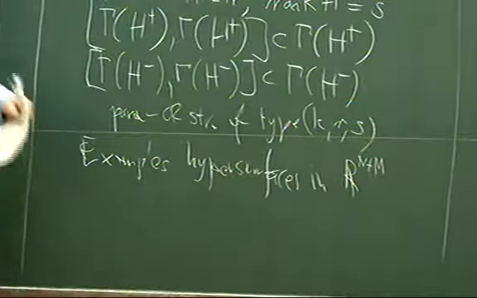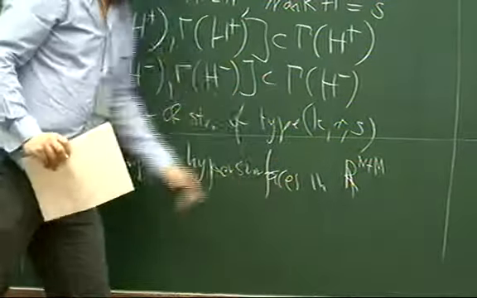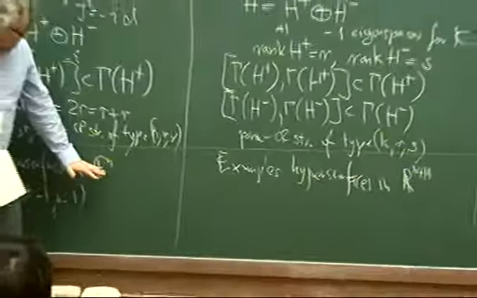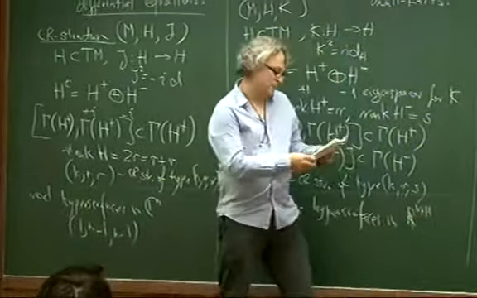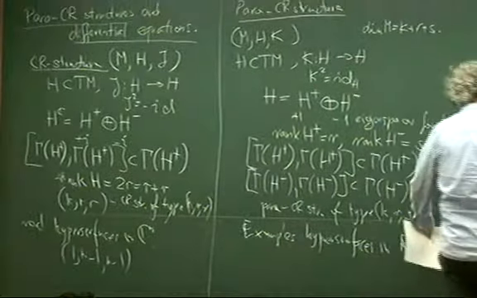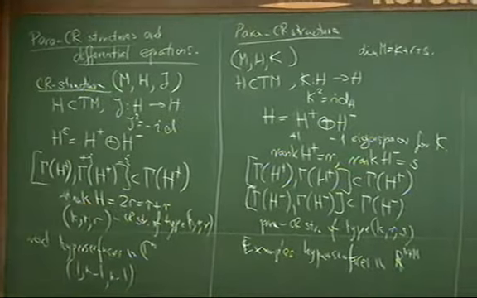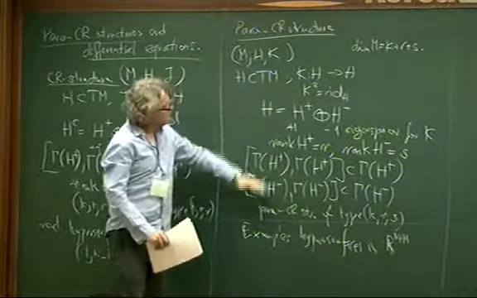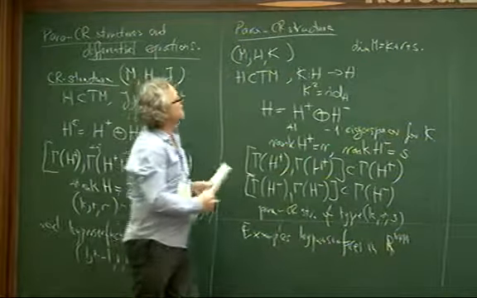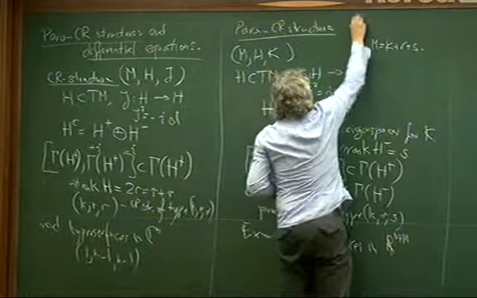Okay, so like here we had C^n, now we have R^n Cartesian product with R^n.